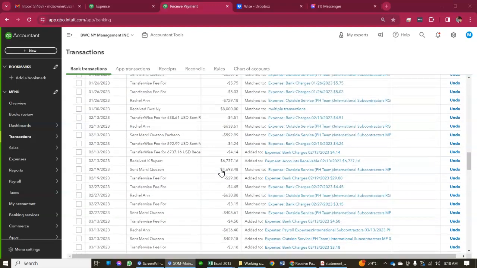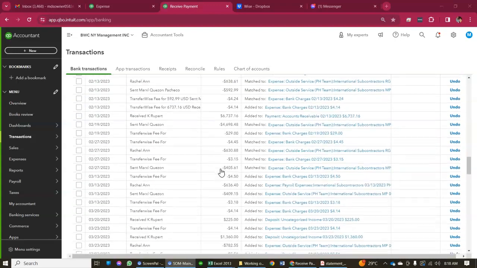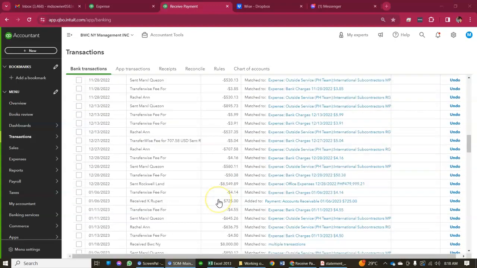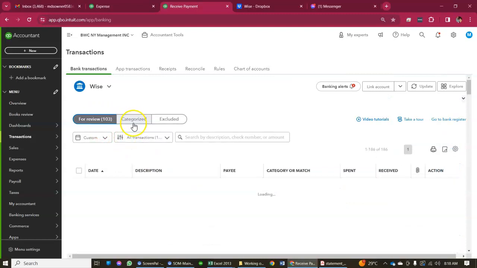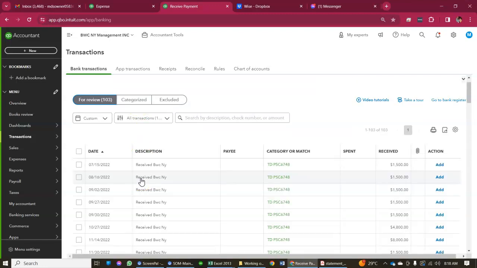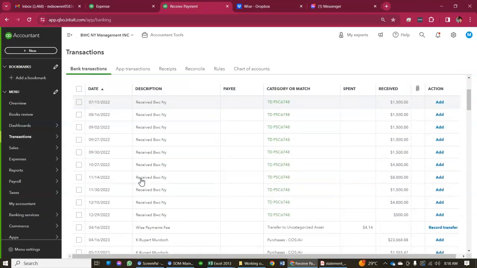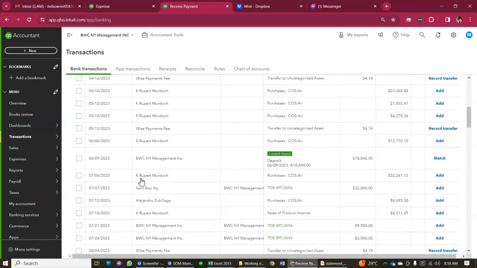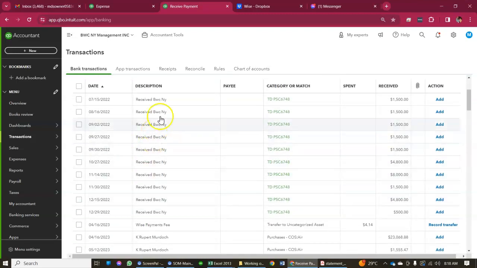March 24, they received 23,000. Okay, 118. And in here, this is already categorized, and in here there's another 23 for March. No, there are Y's that are, okay.